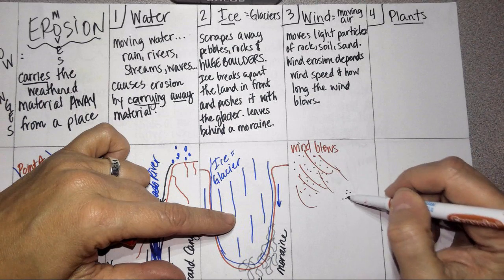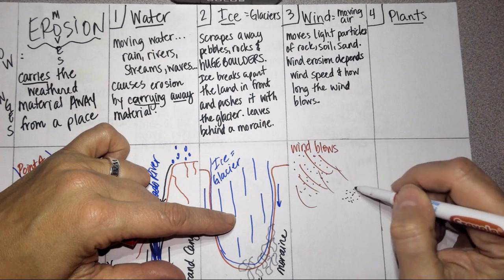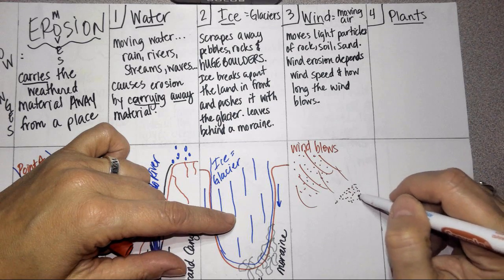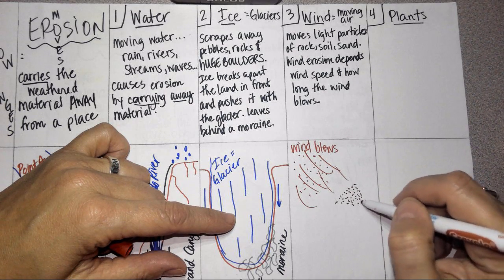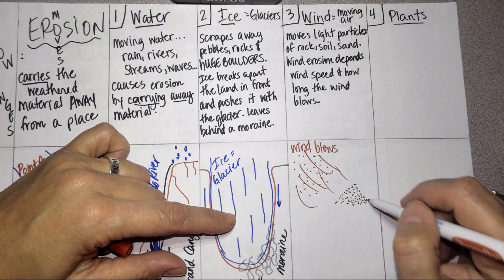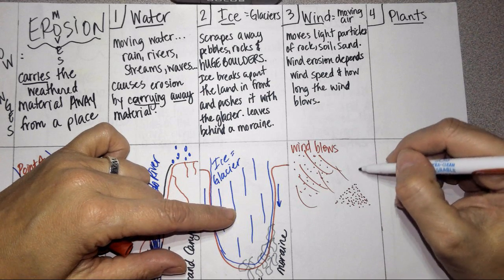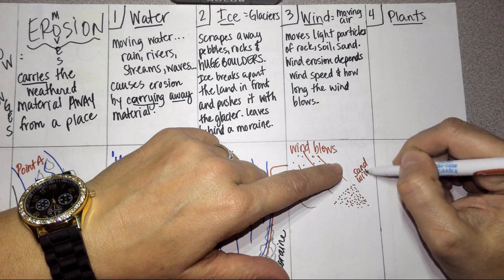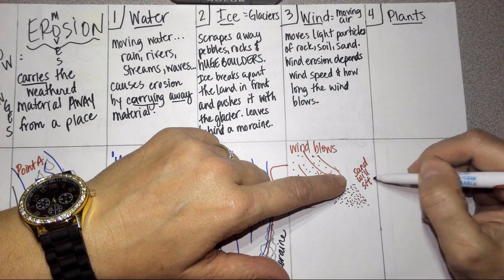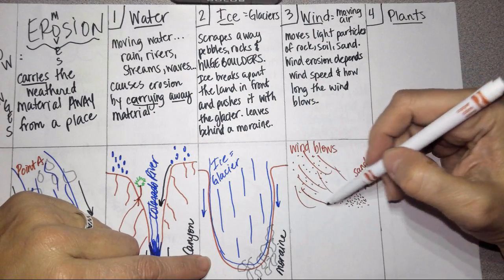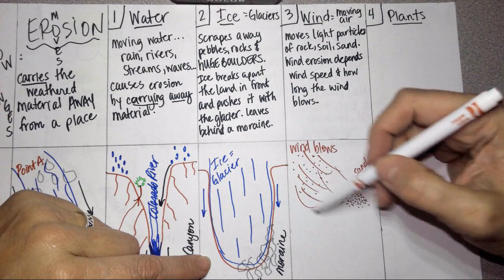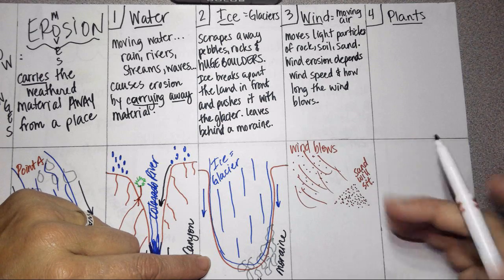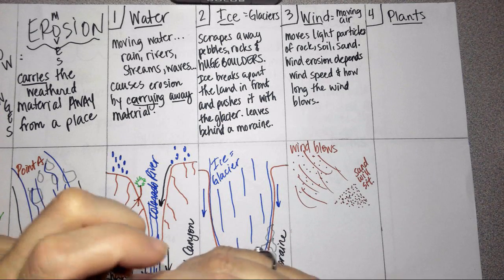So then those particles of sand are just going to sit on top of each other. Okay, so we'll see this. So here's my erosion, right? And then the wind stops, and I've got my deposition, right?